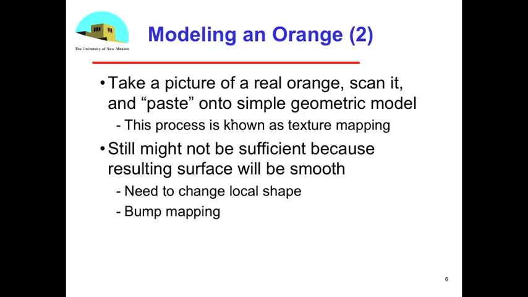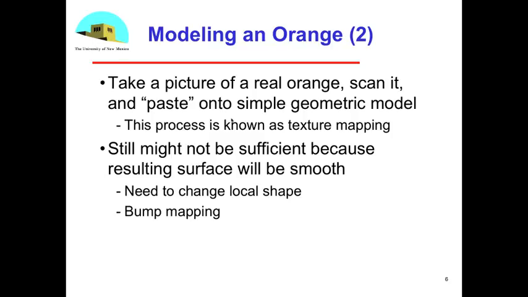Maybe not as simple as a sphere, but perhaps a sphere that's been somehow stretched or scaled a little bit to look more like the shape of an orange. And that act of pasting that picture on is really the essence of basic texture mapping, that we get that detail without having to increase the geometric complexity of the surface.